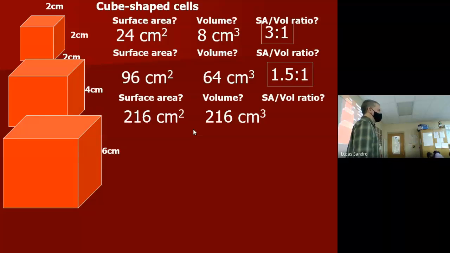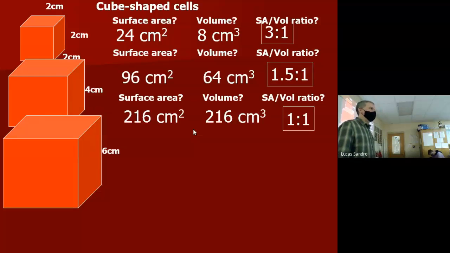That ratio is, of course, 1 to 1. So somehow, as the cube is getting bigger, yes, surface area is getting bigger, yes, volume is getting bigger, but what's happening to the ratio of surface area to volume? It's getting smaller. That is key. That's what you should have seen doing this activity.